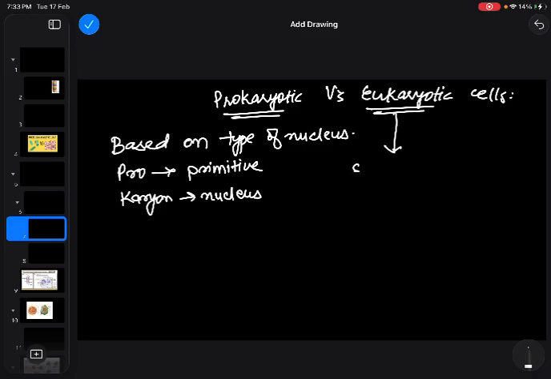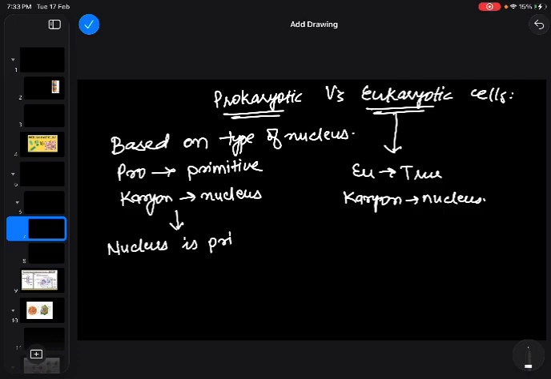Similarly, in case of eukaryotic, eu means true and karyon means nucleus. So when we look at the difference, in case of prokaryote, the nucleus is very primitive, or almost no nucleus is formed. No true nucleus is formed, we can say. But in case of this, true nucleus is present.